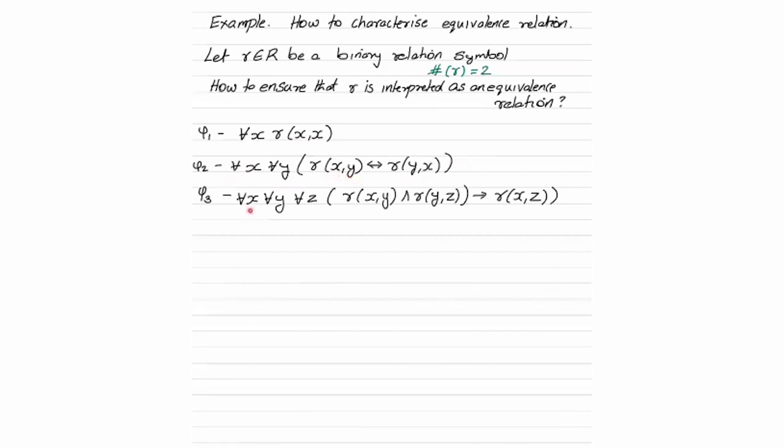Well, you have 3 variables: for all x, for all y, and for all z, if r of xy and r of yz, then r of xz. That implies r of xz. That's the notion that specifies transitivity. Now you take any model, basically any interpretation which satisfies all these 3 formulas. It insists that the relation R is interpreted as an equivalence relation.